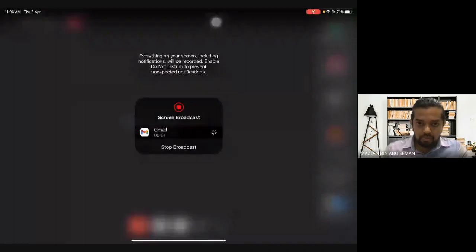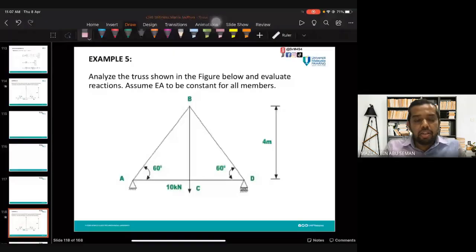I need to share my slide. Okay, I asked you to do this example 5, and if you downloaded the material, you know the solution is given in that handout, but there are some differences in that solution.